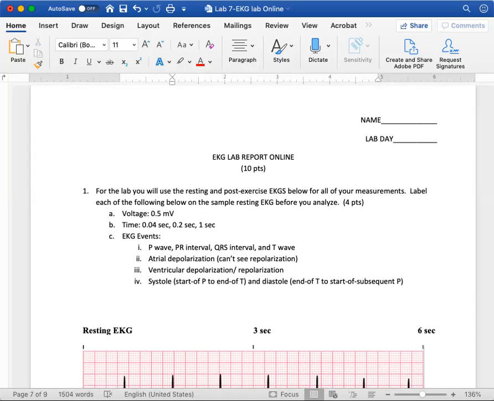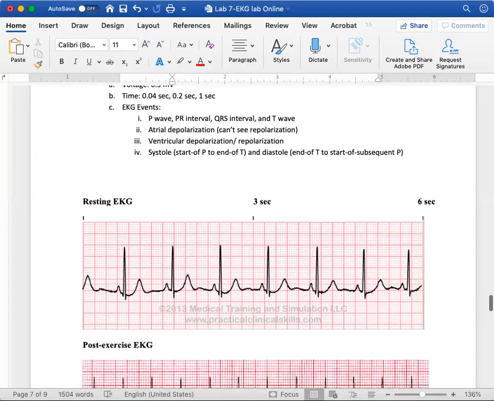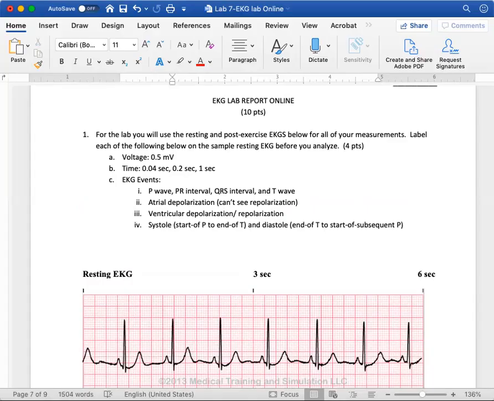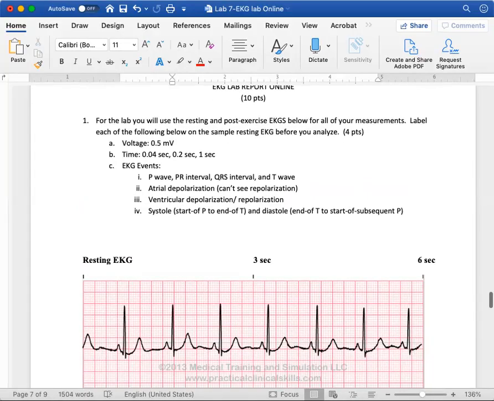For the lab, what you would have done is taken a resting EKG on one of your group members, and then had them exercise for a couple minutes and come back and take a post-exercise EKG. So I have put those in here for you guys. What I want you to do on the resting EKG and the post-exercise EKG, you can label both of them for practice.